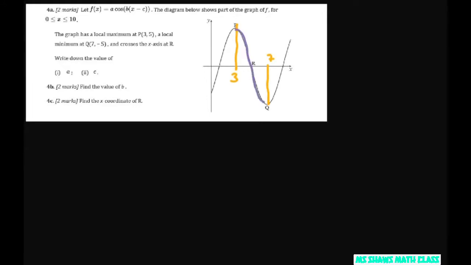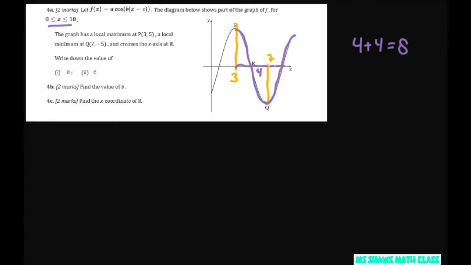So this is 4. For a full graph, and they don't graph the whole thing, the full graph would go all the way to 8 somewhere. It says the graph is from 0 to 10, but the full graph would be plus 4. So 4 plus 4 equals 8.